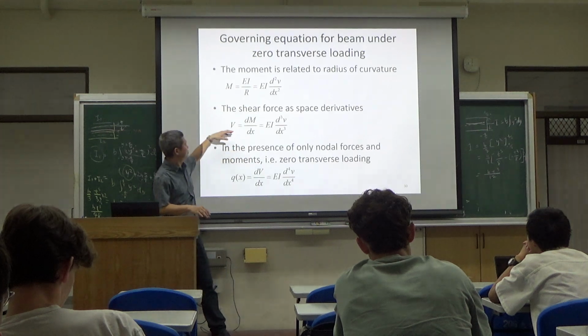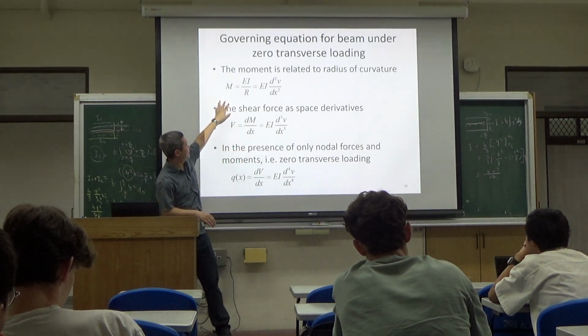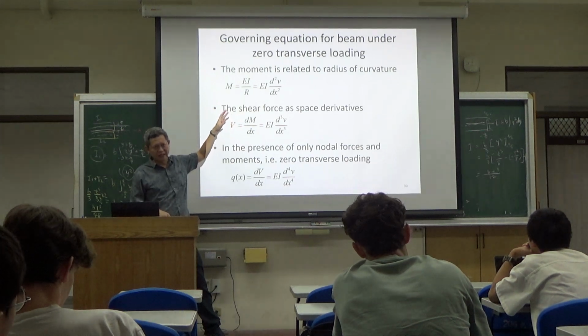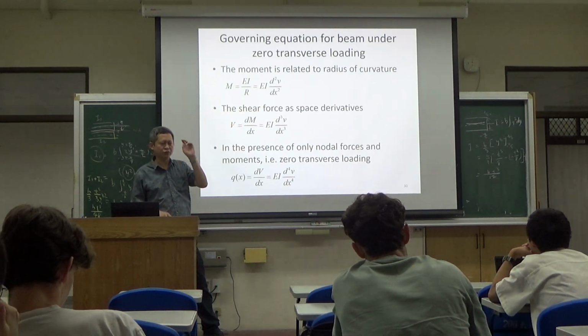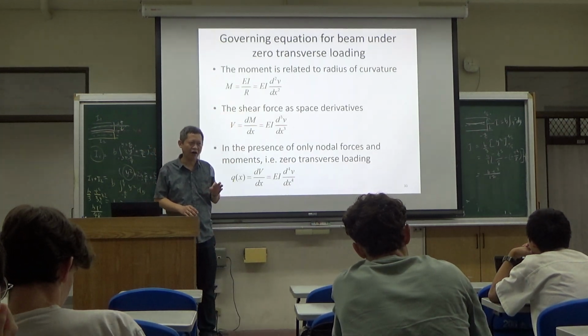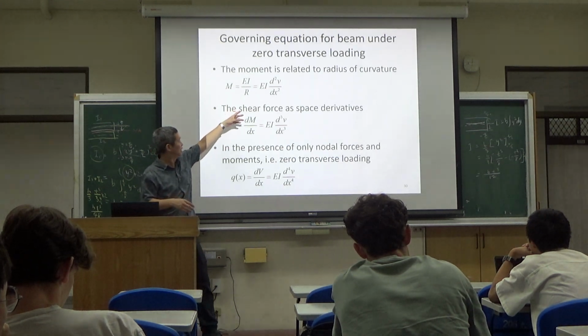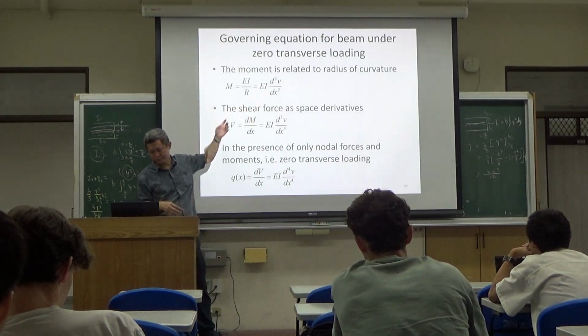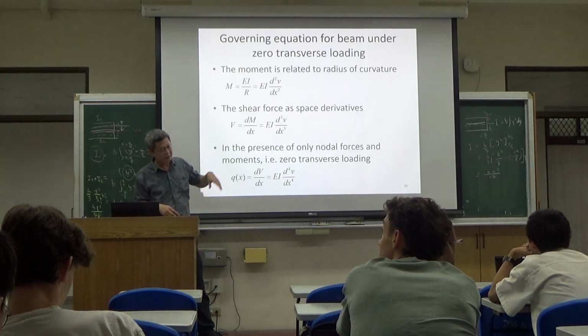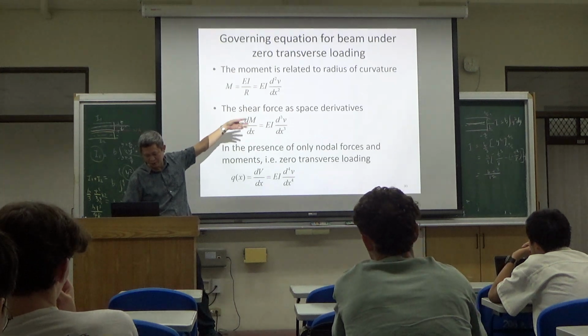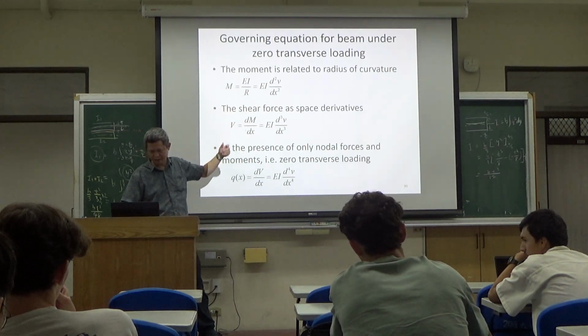So let's come back to the formula here. We learned about the governing equation. The moment is equal to EI over R, where R is the radius of curvature. And this can be expressed as EI times the second order derivative of the vertical displacement with respect to the length.